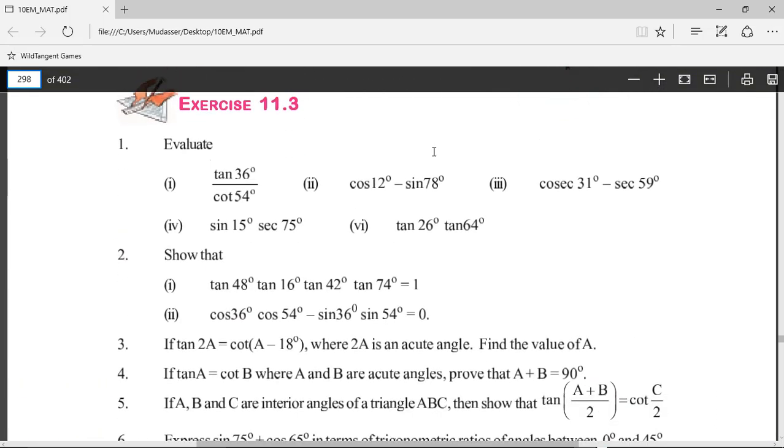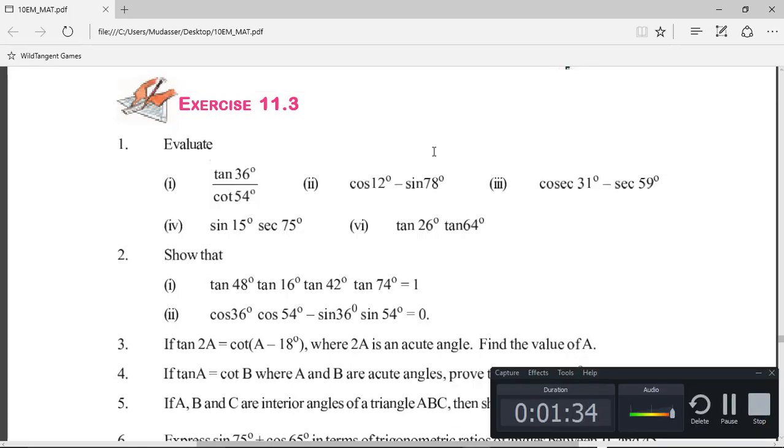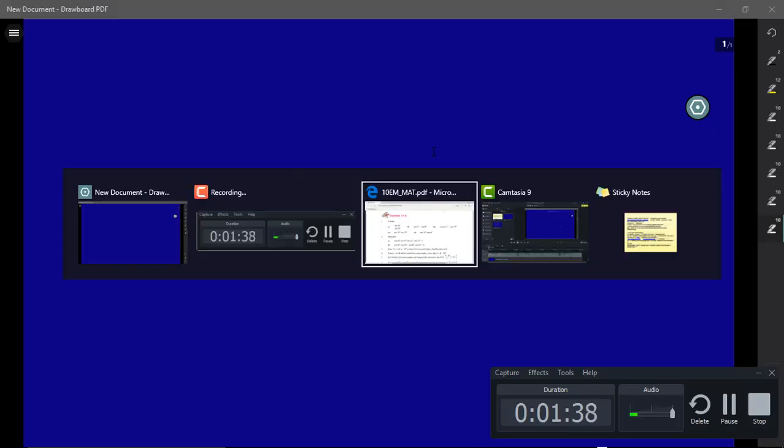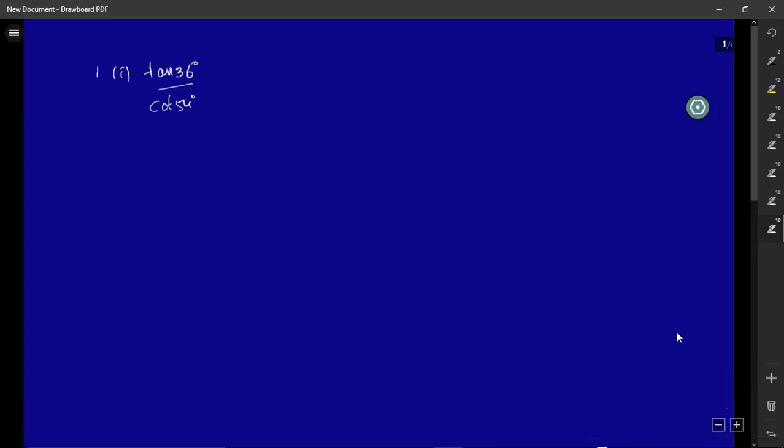The first question says, evaluate, the first bit says tan 36 degree by cot 54 degree. Let us go ahead and solve this. Tan 36 degree by cot 54 degree.